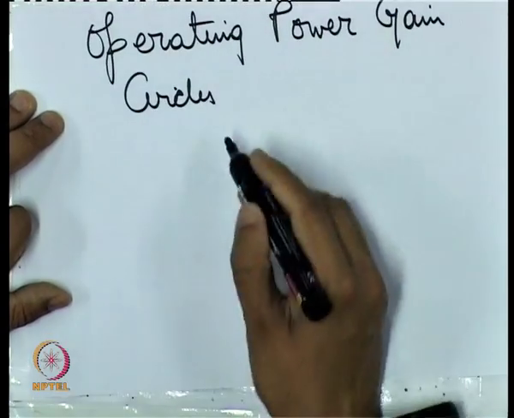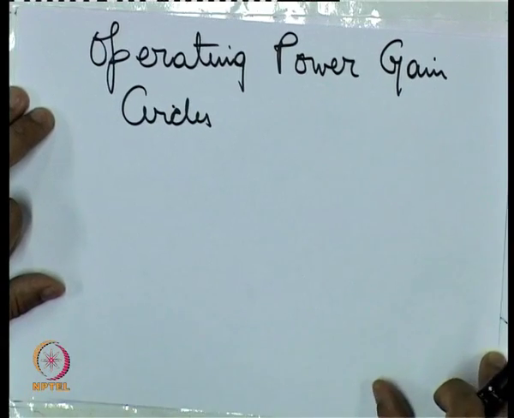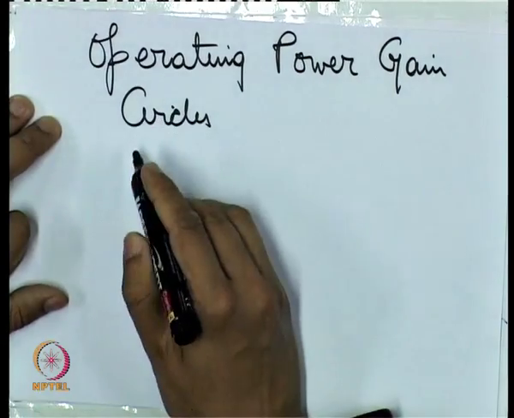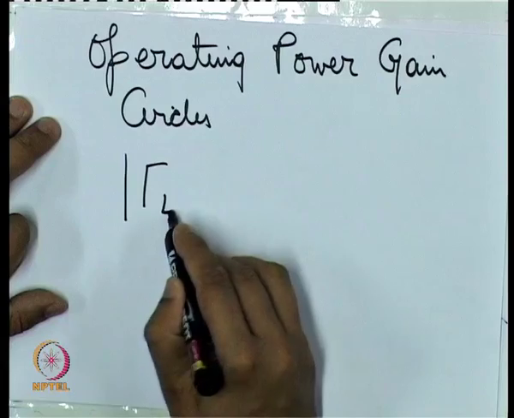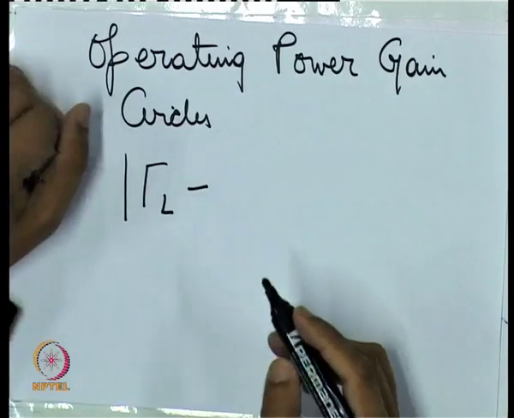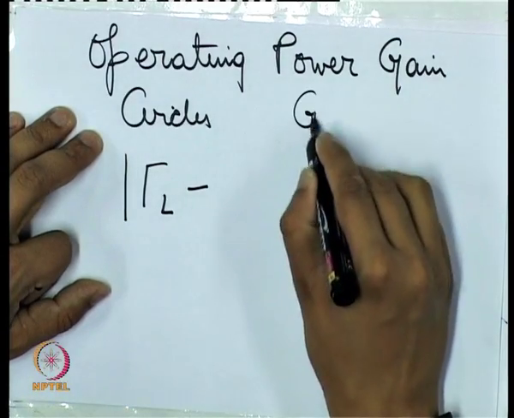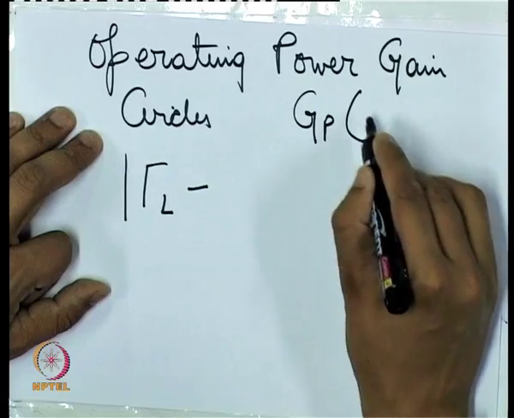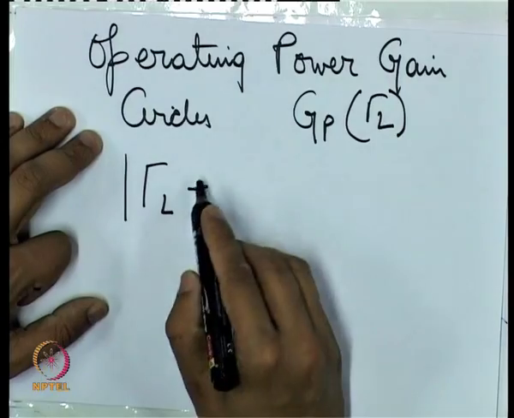Now, if you fix a particular value of the operating power gain, then the locus on gamma L, recall that the operating power gain GP is a function of gamma L, the load reflection coefficient.